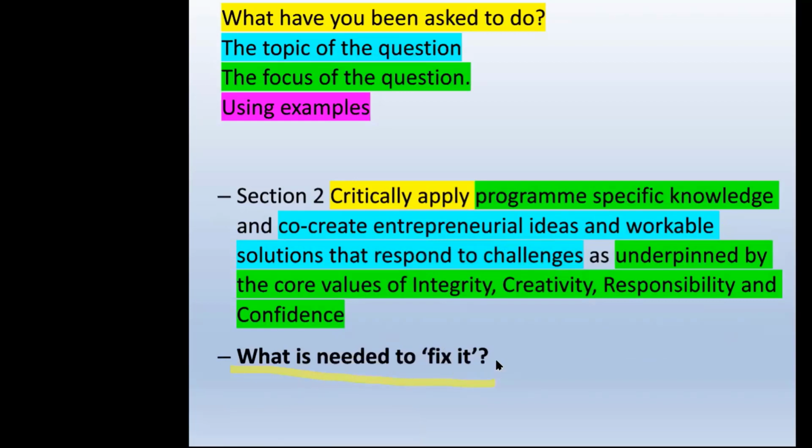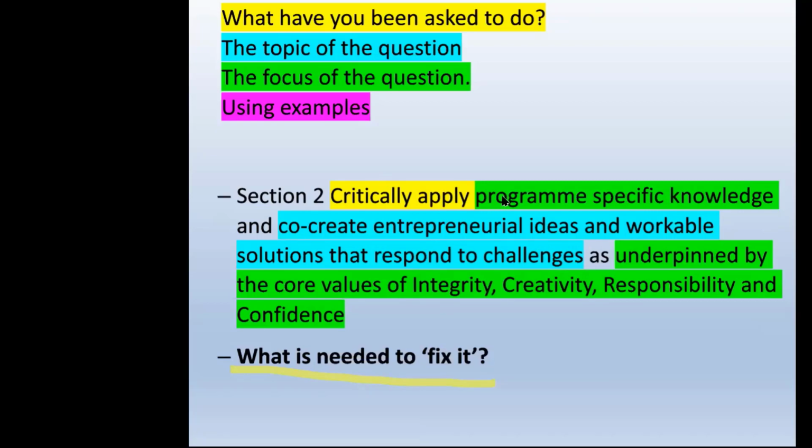But let's look at that in more detail, because it asks you to critically apply, okay? And critically apply just means, for me, use something to assess something. So it's like use a measure of some kind to see how well somebody's doing.